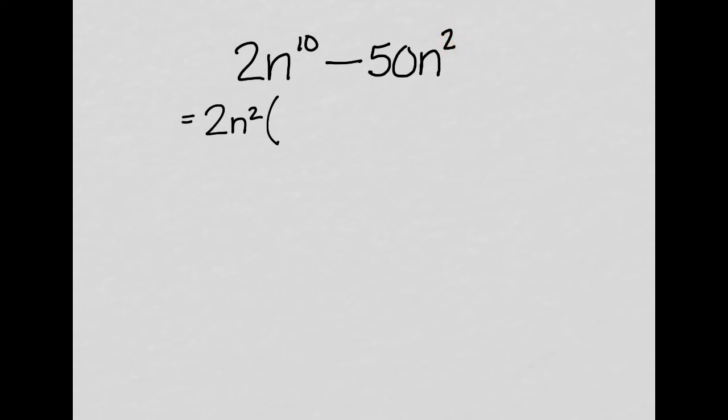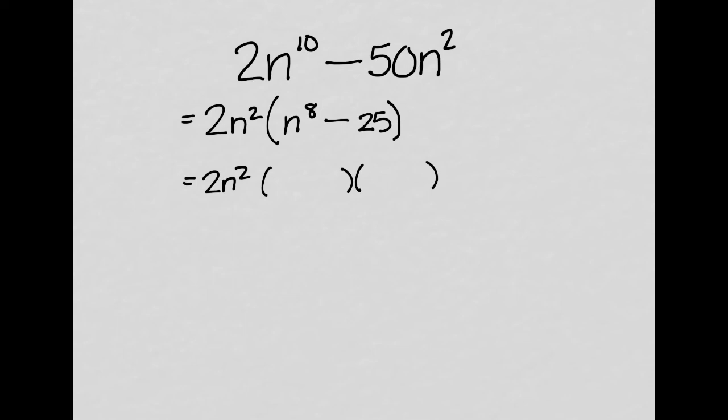So what do I have left? I have n to the 8th, because I want to take 2 n's off of the 10, and I have 8 left. Minus 25, and the n squared is out front, so I don't have any n's. So this is your common factor out in front.